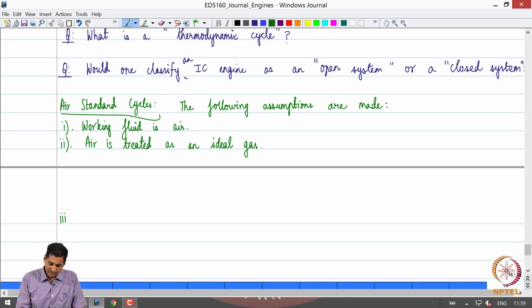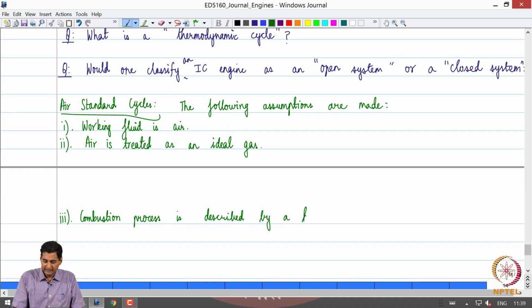The combustion process, that is the process of burning fuel and air, is described by a heat addition process. So, that is another assumption we are going to make.